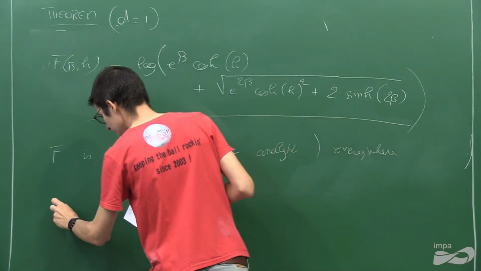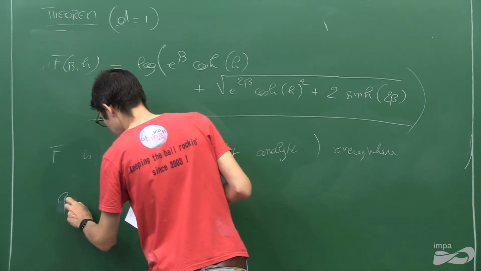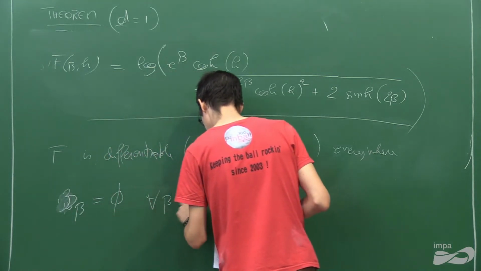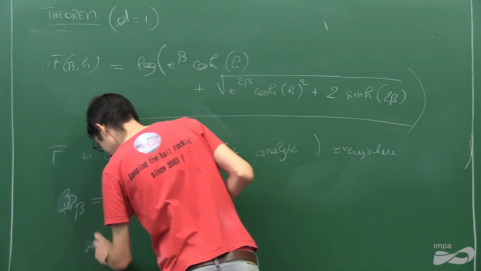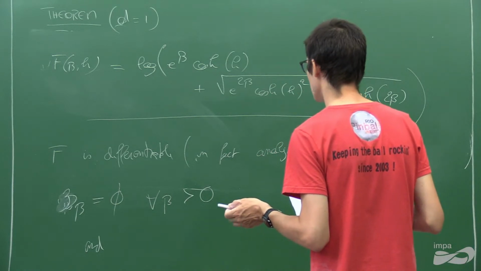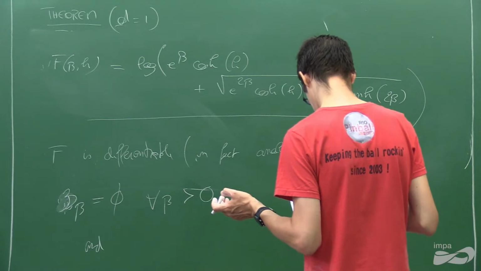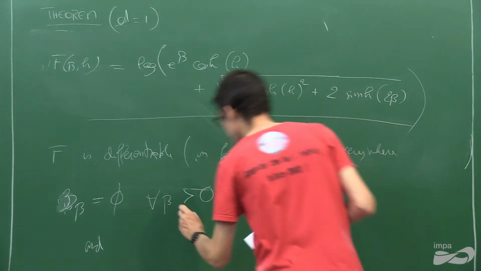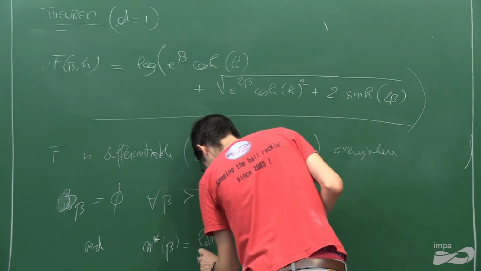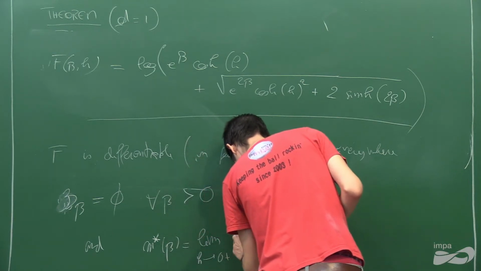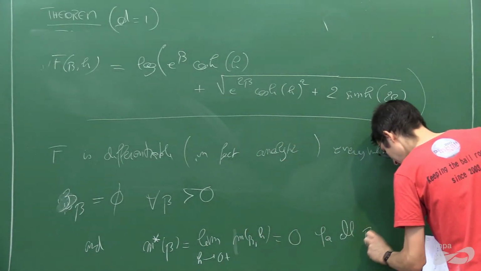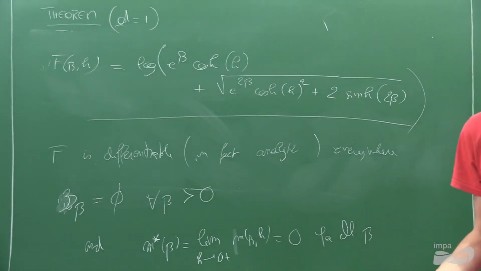So the set of critical values for beta is empty for every beta positive. And you have no spontaneous magnetization at any beta.